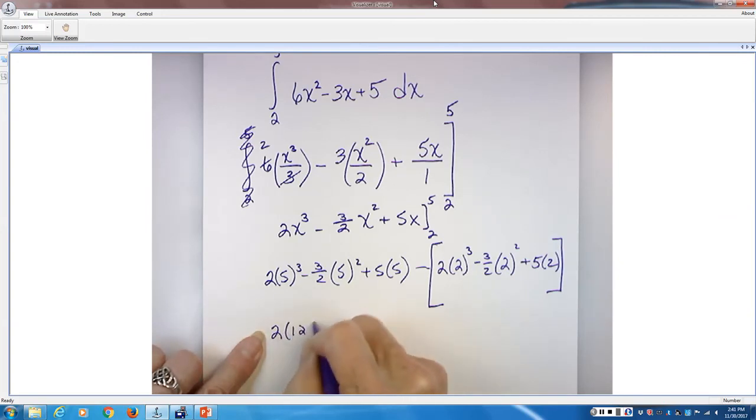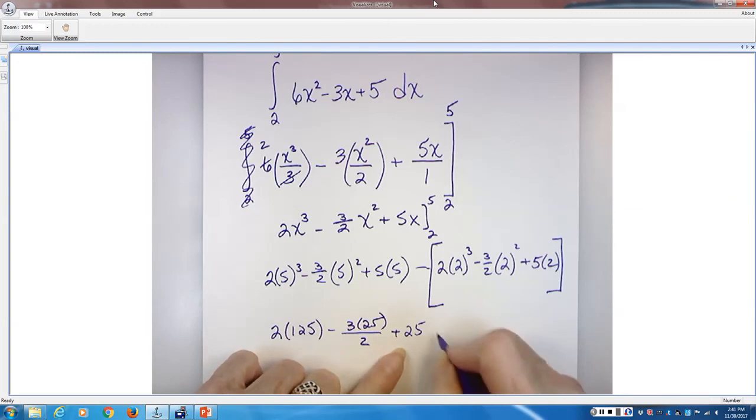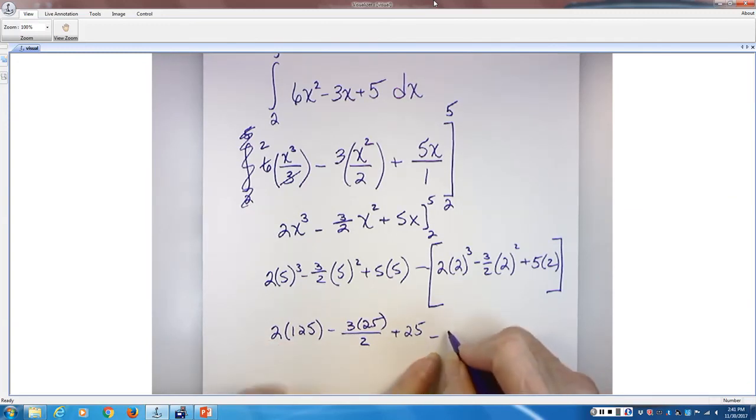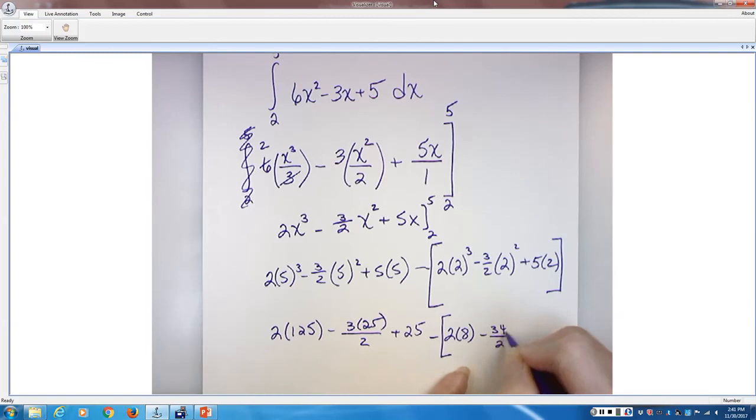2 times 125 minus 3 times 25 over 2 plus 25, minus 2 times 8 is going to be 16, minus 3 times 4 is going to be 12 when we multiply it out, plus 10.